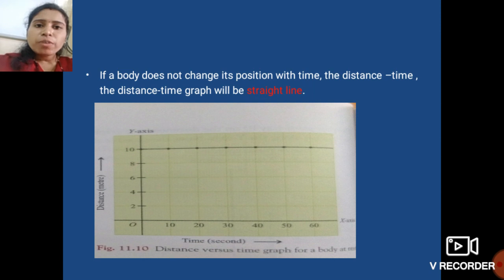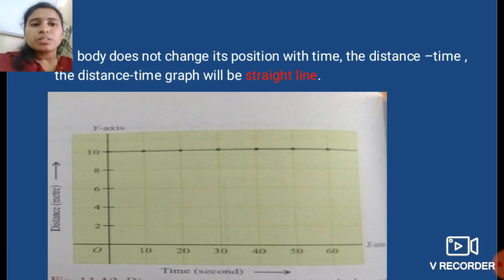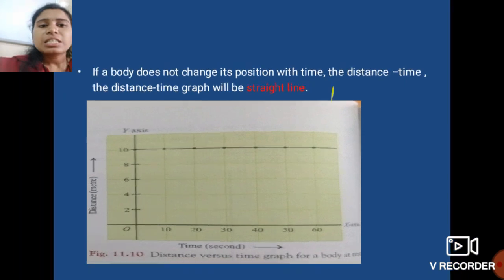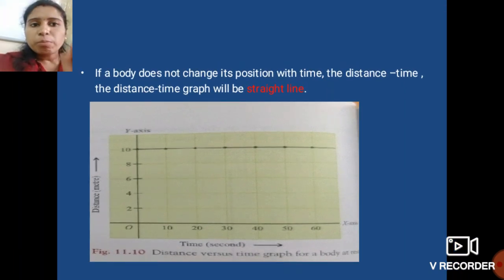But students, suppose you get a graph in a straight line which is parallel to the x-axis. At that time, what will we say? See students, if a body does not change its position with time, the distance-time graph will be a straight line.